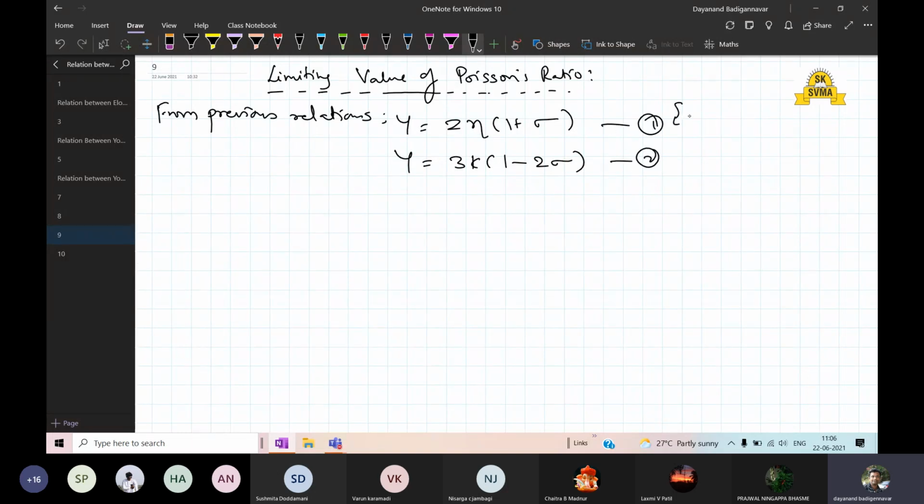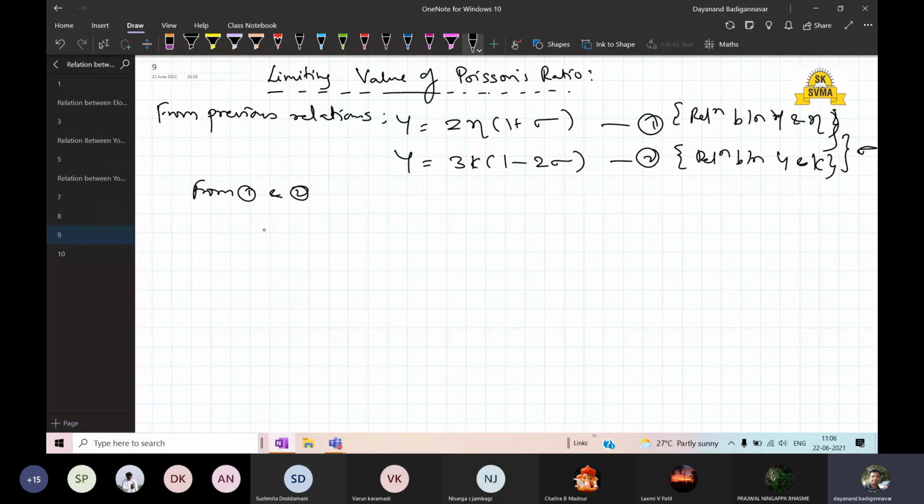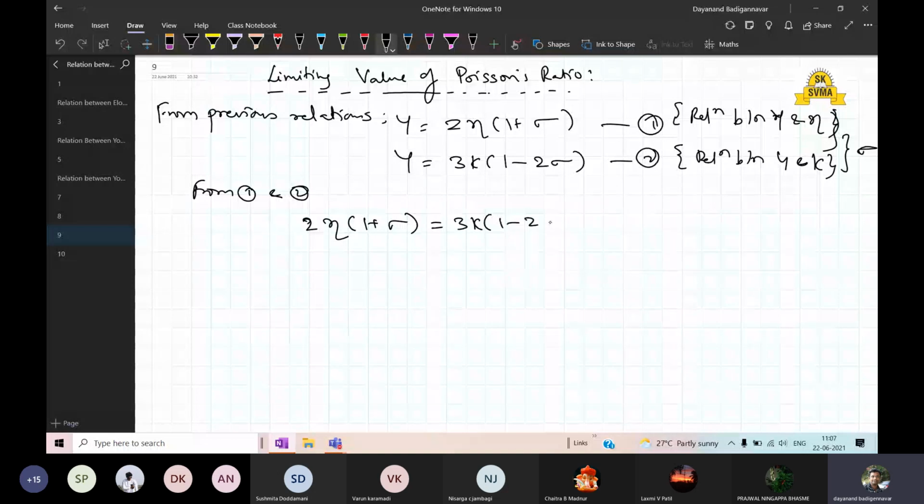Again, this is nothing but the relation between Y and eta, and this one is the relation between Y and k, through sigma. Now I have these two relations, 1 and 2, and I can equate them. That will be 2 eta into 1 plus sigma equal to 3k into 1 minus 2 sigma.